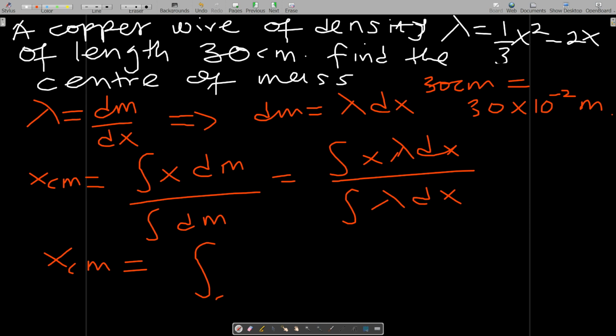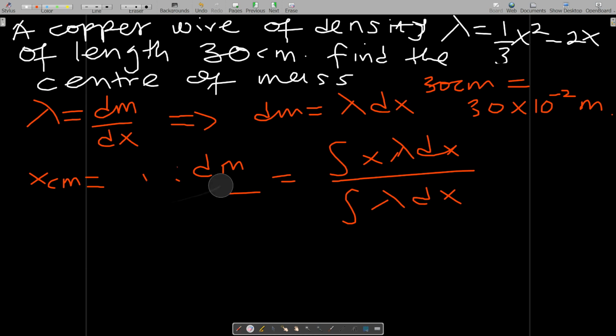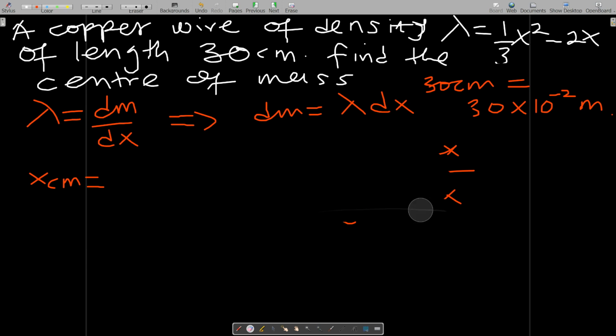So the length will run from 0 to 0.3, but I'm coming to erase some parts and then write it well for you. Like I said, I need to write it simpler so that we are able to solve it quicker.